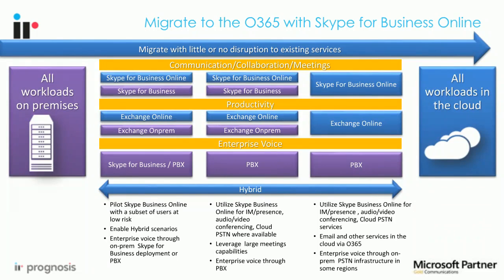So that is another thing. And one more thing that I want to make a point of here is look at moving your Exchange workload first into Office 365 before you start looking at moving your Skype for Business to online.